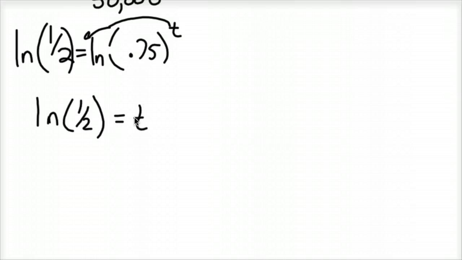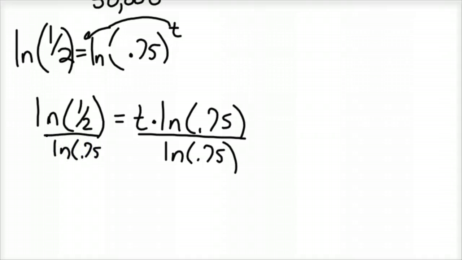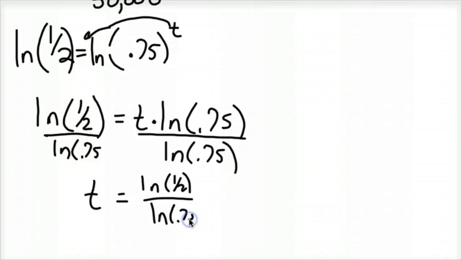And so this would be t times ln of 0.75, and then we're solving for t. You divide by the natural log of 0.75 on both sides, and so your time is the natural log of 1/2 divided by the natural log of 0.75.